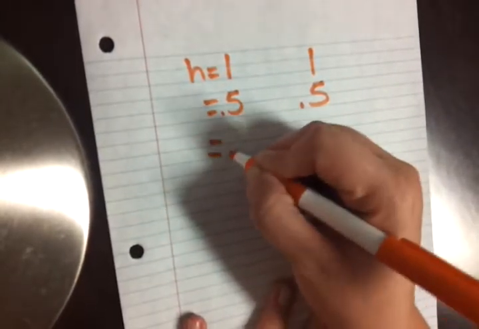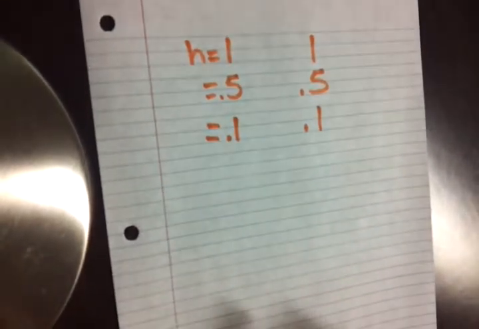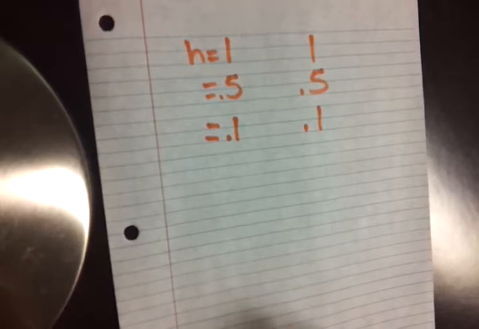When our interval was 0.1, the value is 0.1. You might be tempted to think that that means something special, like the answer is always going to be whatever is in the denominator. That's not the case. It just so happens that the numbers they set me up with for this problem do that perfectly.